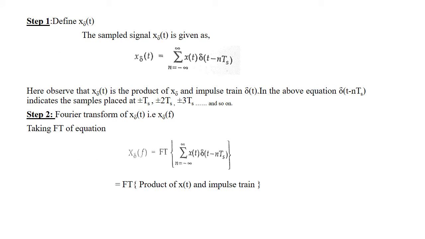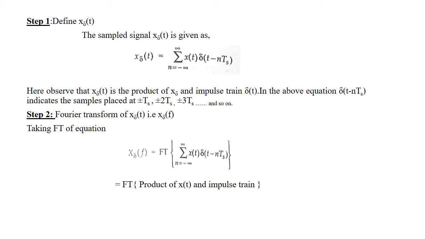Step 1. First we are going to define x_δ(t). We all know that the sampled signal x_δ(t) is given as x_δ(t) = summation n = -∞ to ∞ of x(t) δ(t - nTs).